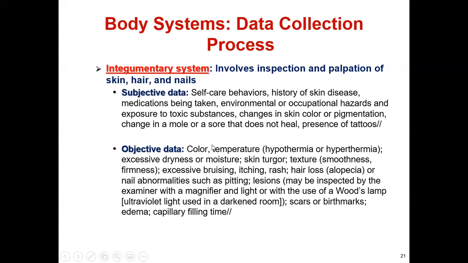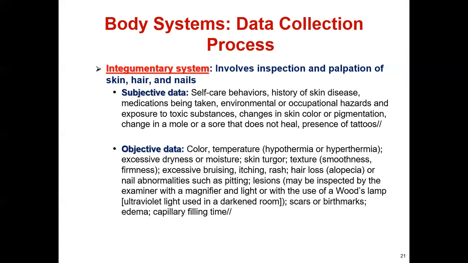What else? Objective data. We look at color change and temperature. Usually it is good to use the dorsal aspect of the hand when we measure the temperature. Is it hypothermia or hyperthermia? Excessive dryness, or excessive sweating, moisture. Skin turgor: if my patient is dehydrated, it is reflected in the skin. Texture, smoothness, firmness, excessive bruising.